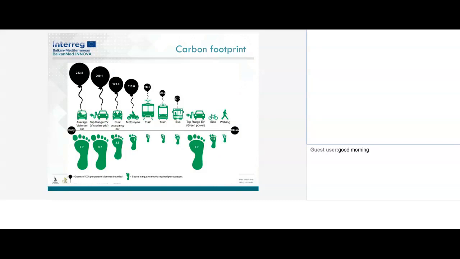Here in this graph, you can see, for example, the carbon footprint for different means of transportation. These values are the grams of CO2 that are emitted in order for one person to travel 1 kilometer. Notice the huge differences between getting along by foot, by walking, or by bicycle, where we have almost zero carbon footprint.